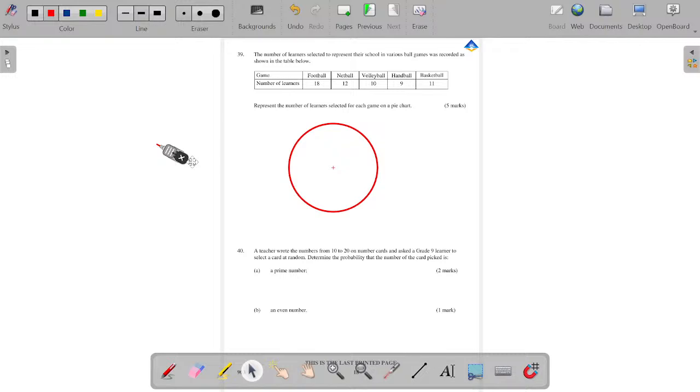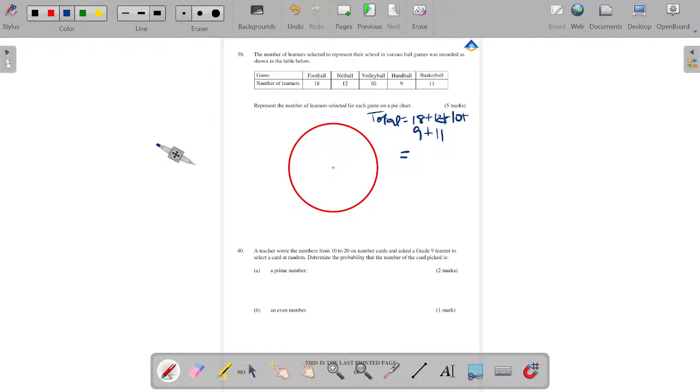For you to answer this question, first you need to know the total number. To get that, you simply add it: you add 10, you add 9, you add 11.